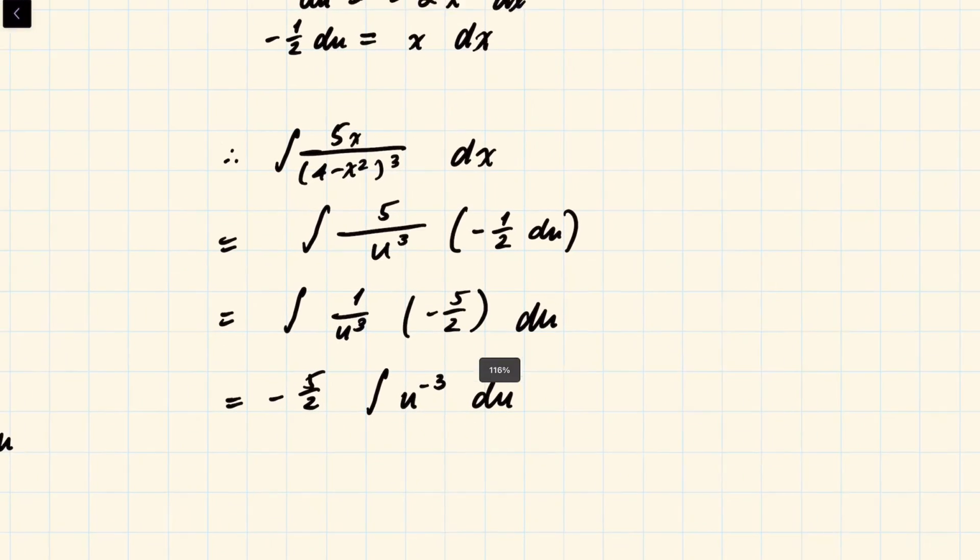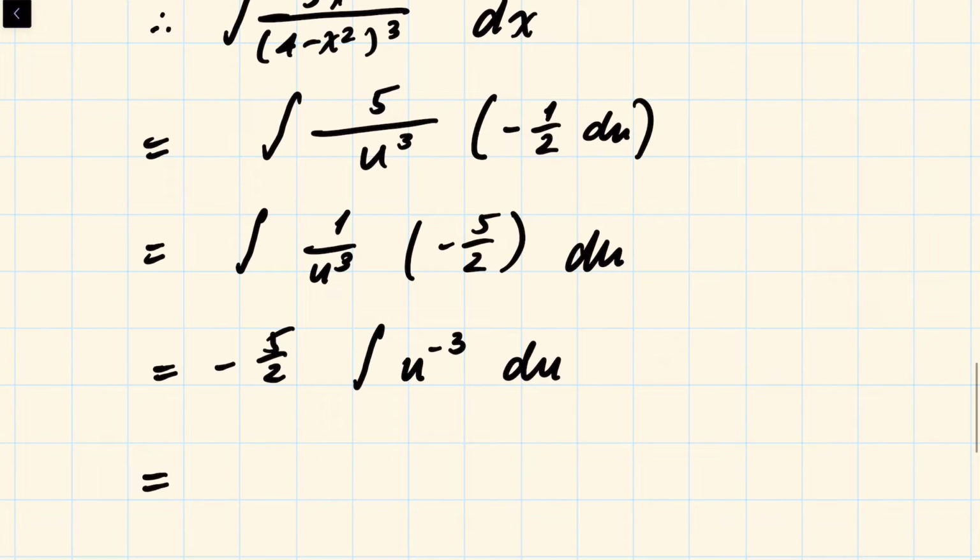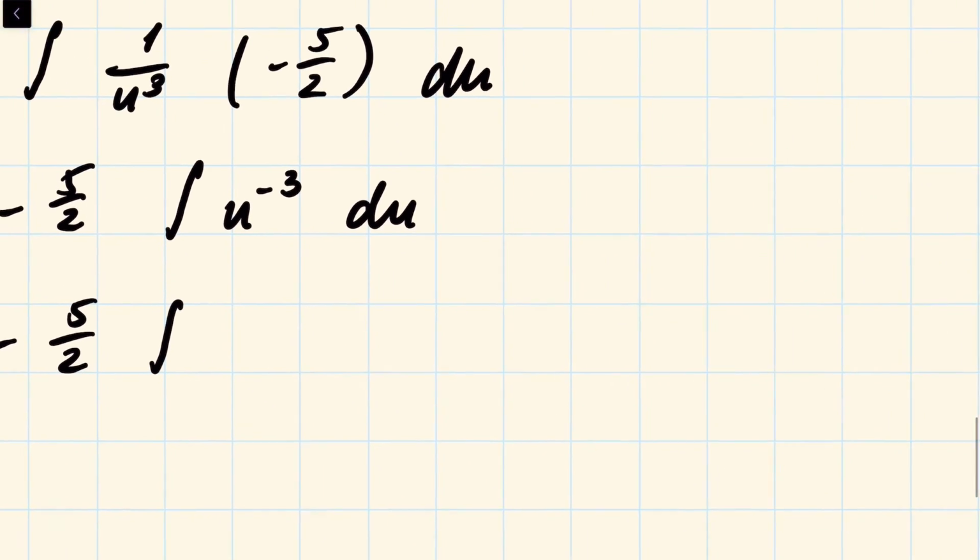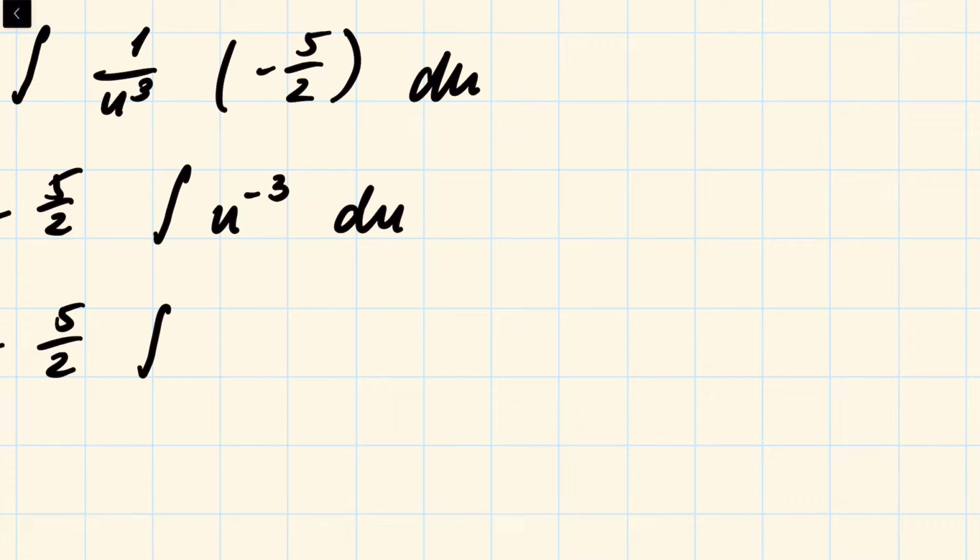Right, so let's compute this integral here. -5/2, the indefinite integral of u to the -3. We add 1 to the exponent, so we're going to be multiplying by a -1/2 here, and that's u to the -2, because when you subtract 1 to differentiate it, you get that -3.